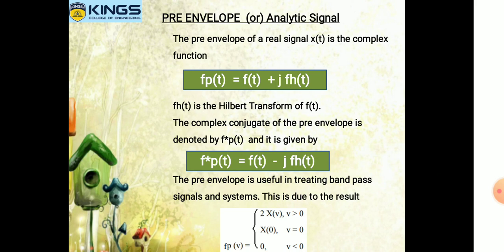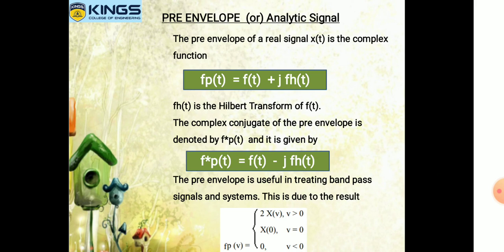Pre-envelope or analytic signal. The concept of pre-envelope is also known as the analytic function, and it is useful in deriving the general expression of SSB-SC signal. The pre-envelope of a real signal f of t is the complex function.